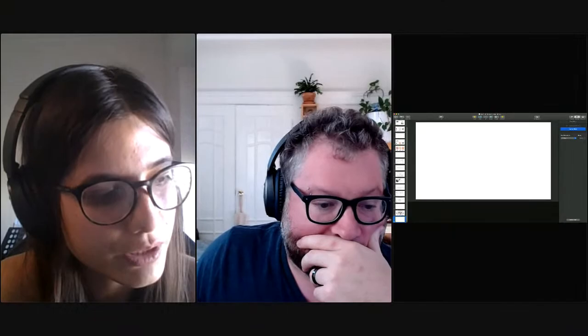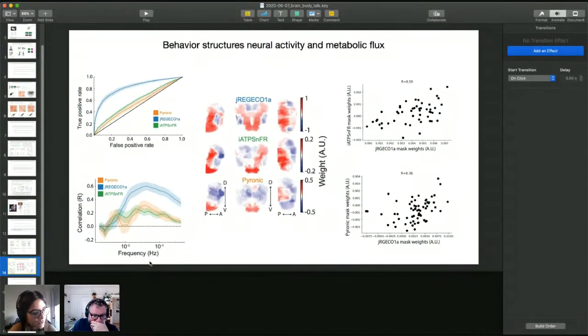Maybe a clarification for me. In the end, when you were showing the different regions of the brain that would correlate differently with the different sensors, I was just wondering, could it be that, as you were pointing out, specific regions are really sensitive for these metabolic changes, and that the type of structure that you see is region specific?